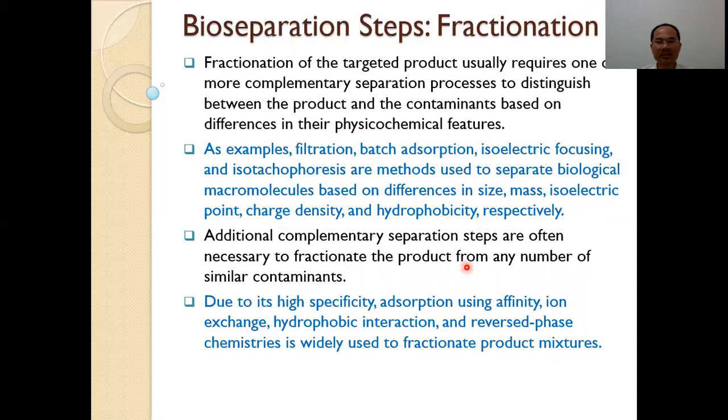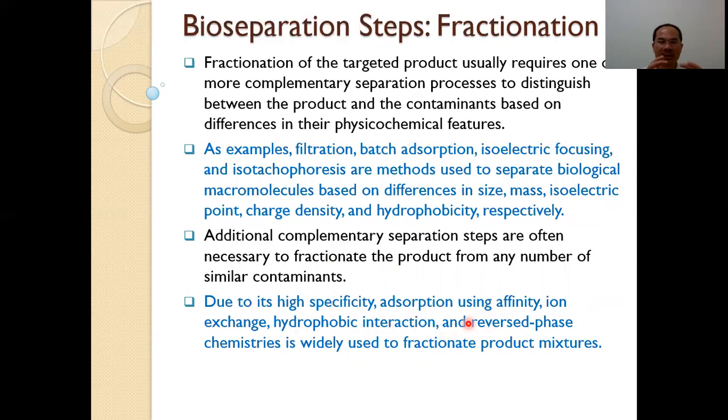This is based on the characteristics of the molecule. Due to the high specific adsorption, we can use adsorption for this. There are many kinds of adsorption: affinity adsorption, ion exchange, hydrophobic interaction, and reverse phase adsorption.